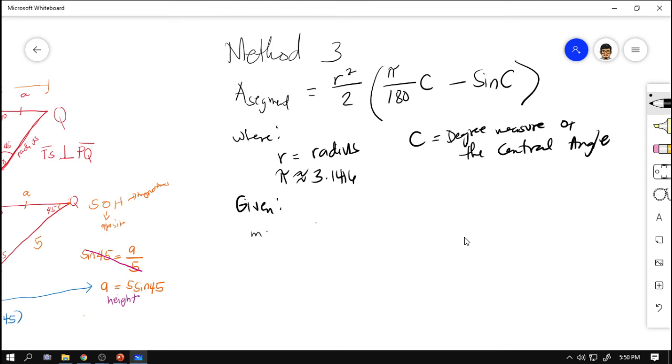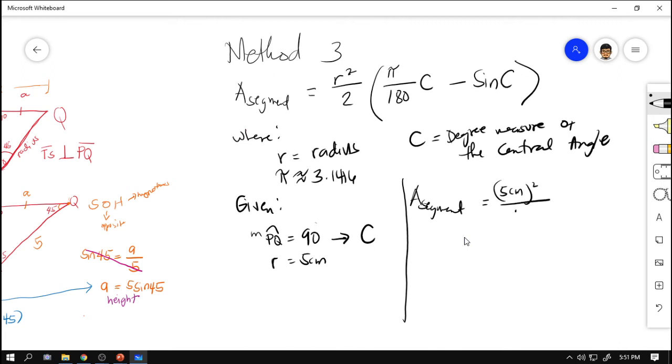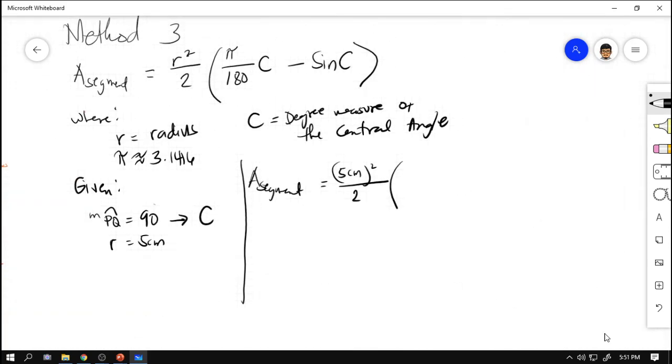yung given degree measure natin ay 90. So, ito na yung magsisilbing C. And then, ang radius natin ay 5 centimeters. Okay? So, using the formula, the area now of the segment is equal to 5 cm quantity square over 2 times pi over 180 times 90 minus sine 90.